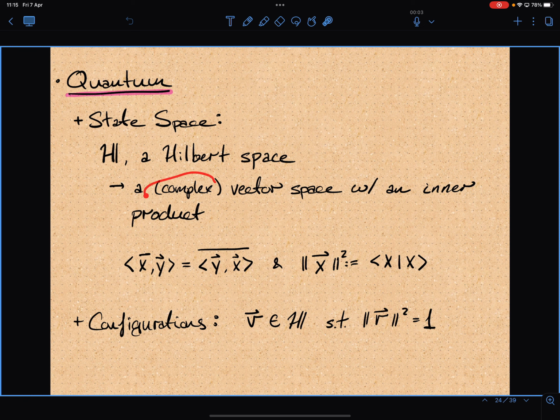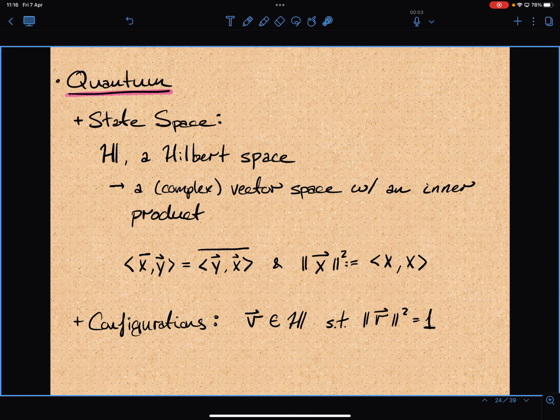This is part of the complex structure. Moreover, using the dot product, we can also define the length of a vector. This is just going to be the dot product of the element with itself.